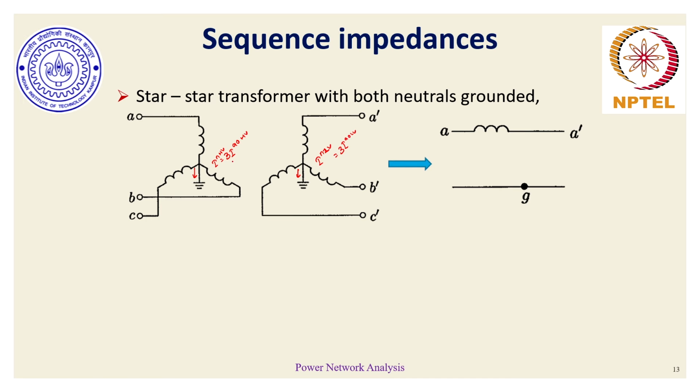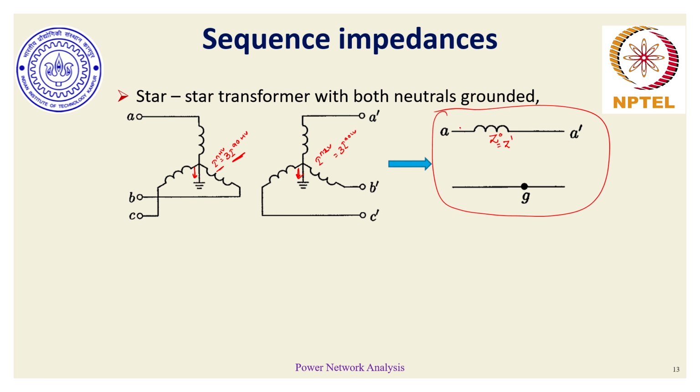If this current can exist because of the neutral current being available, then here also the zero sequence current can flow, because here also we have a grounding connection, and that's the reason why this circuit pertains to the zero sequence representation of a star grounded transformer.